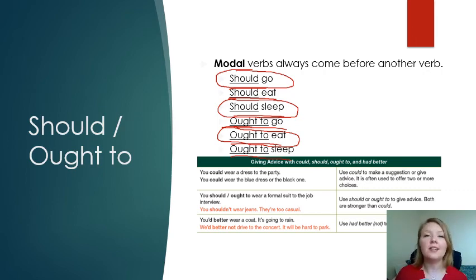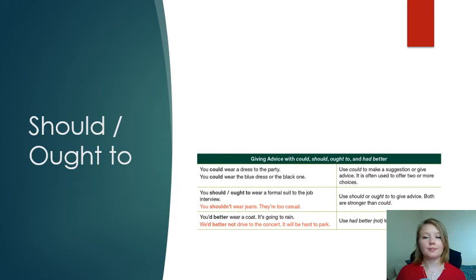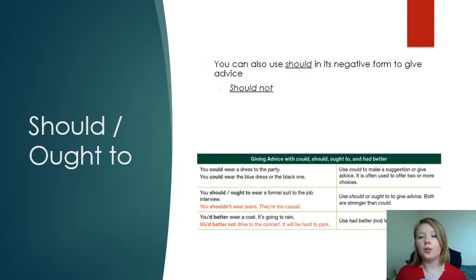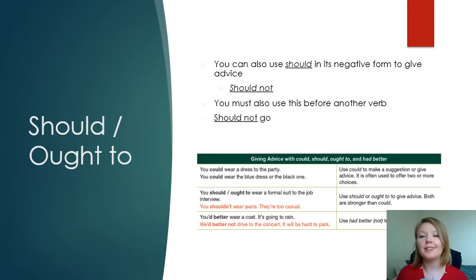In all of these examples, our modal verb, should or ought to, comes before that other verb, and we see it here again with the verb wear. You should wear, you ought to wear, you shouldn't wear. You can also use should in its negative form as should not, and this should also come before other verbs.